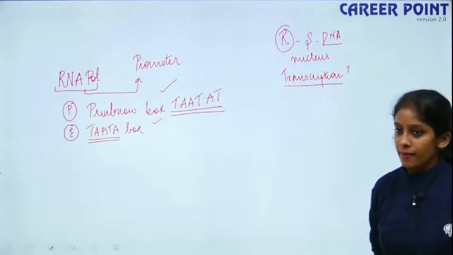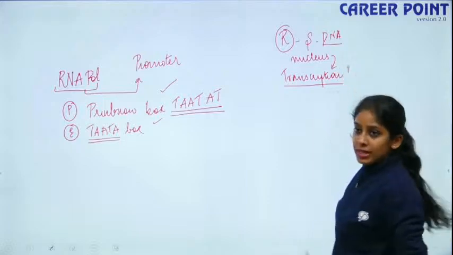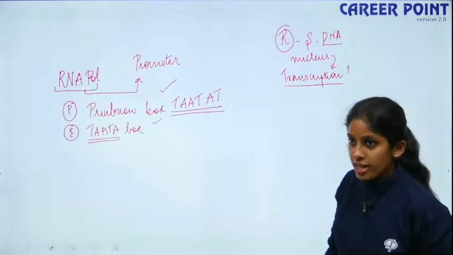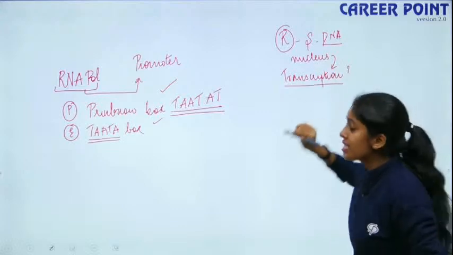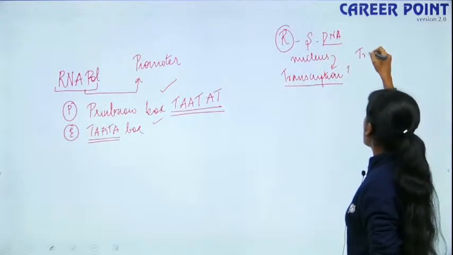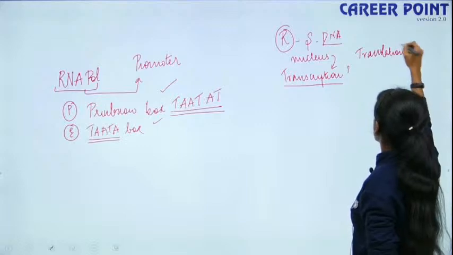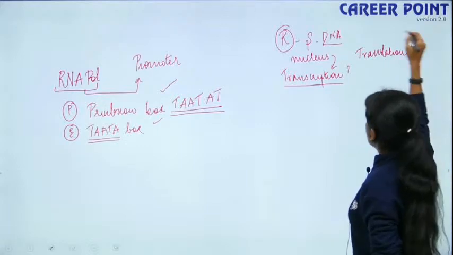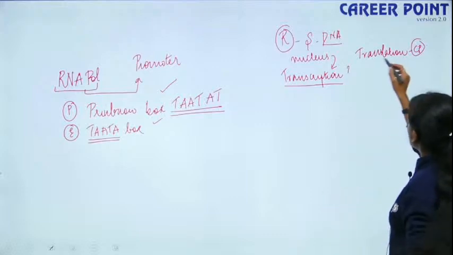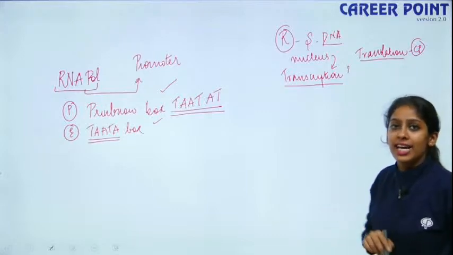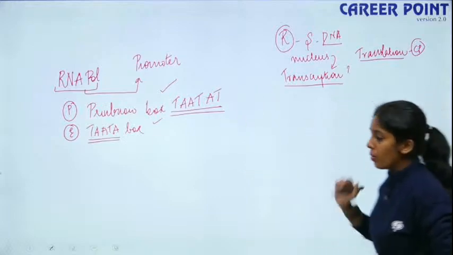Transcription also happens in the nucleus only. Translation happens in the cytoplasm. Replication and transcription happen in the nucleus. Translation happens in the cytoplasm. All right, clear? Okay, so this is how it is.